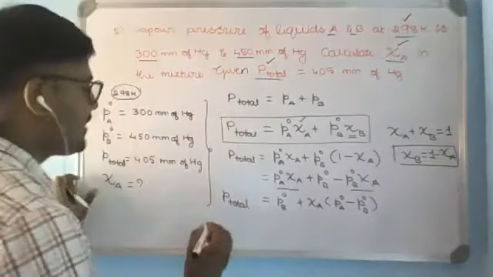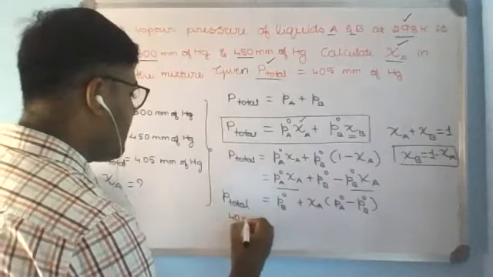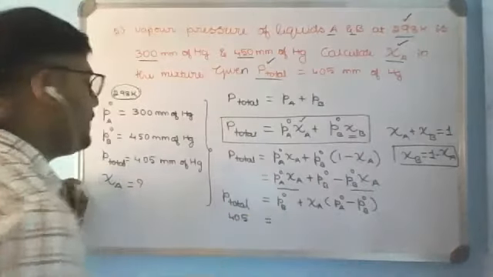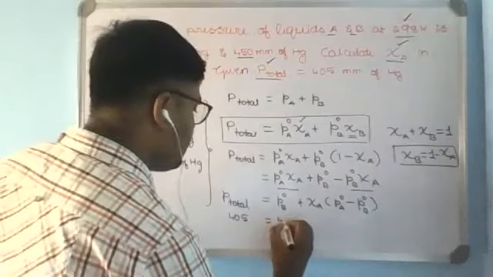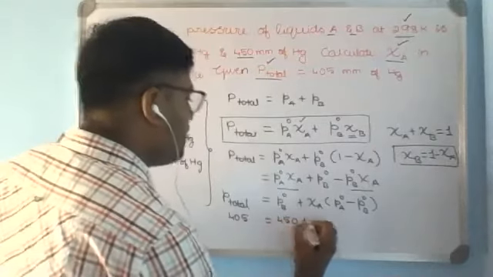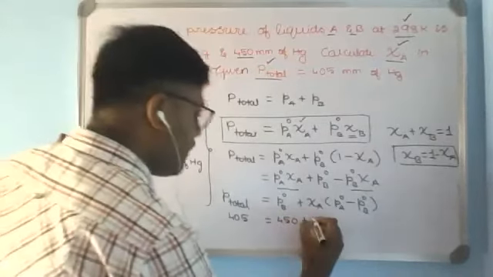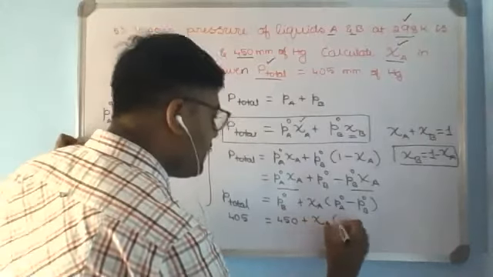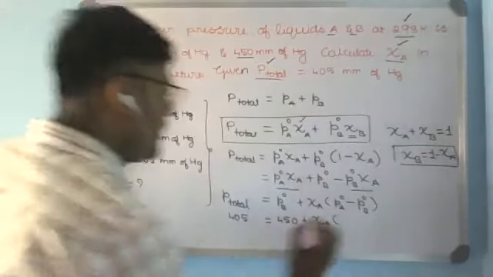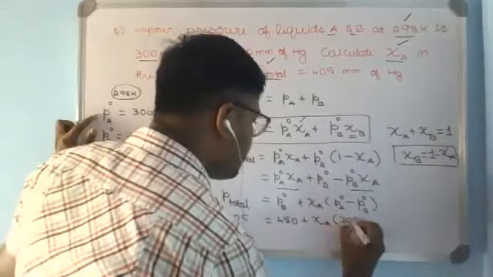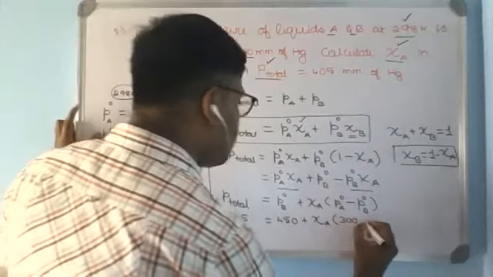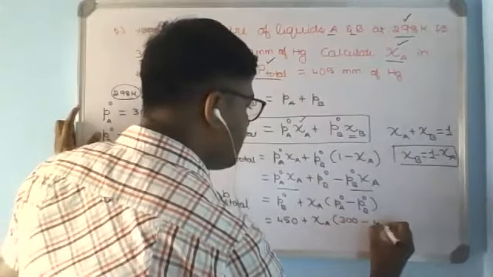P total is given, it is 405. PB naught is given, it is 450. Mole fraction of A is what we need to find. PA naught is given, it is 300. Then PB naught is given, it is 450.